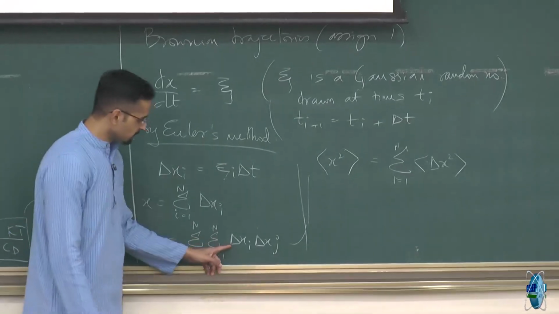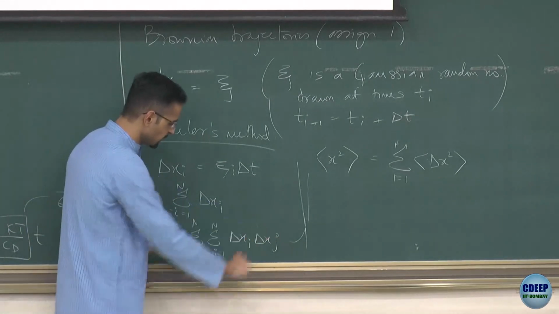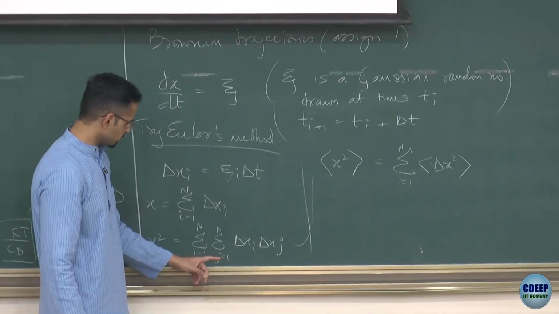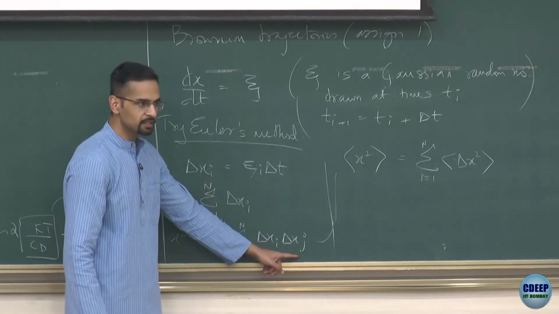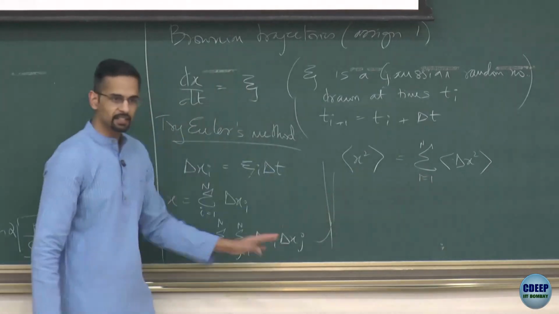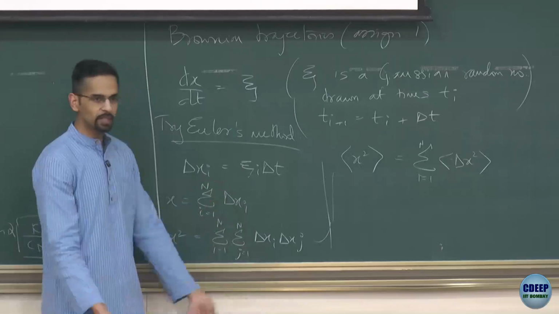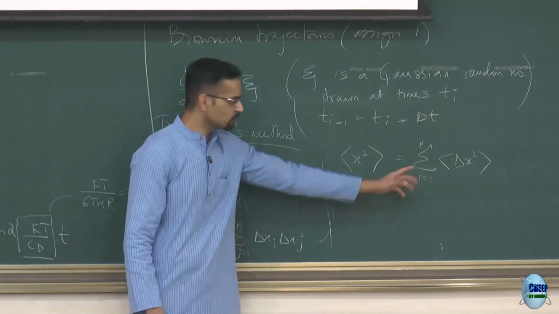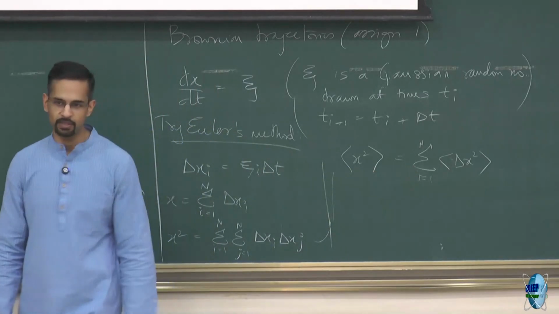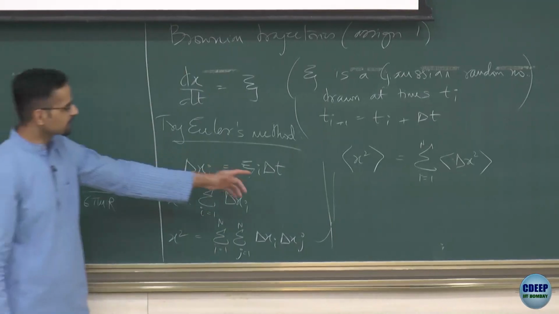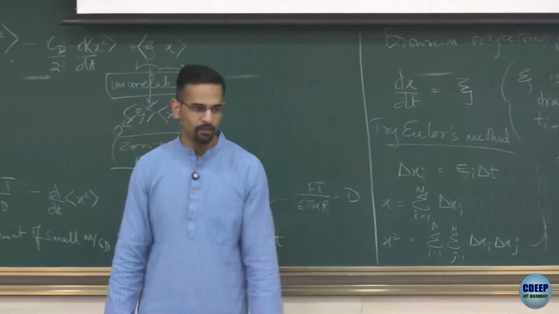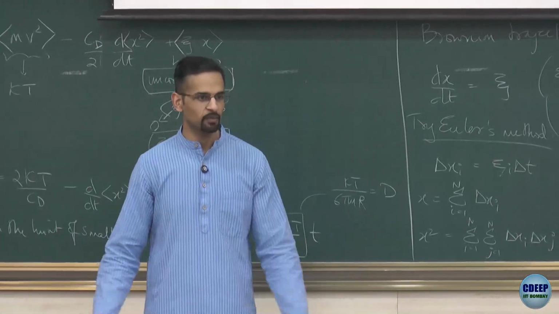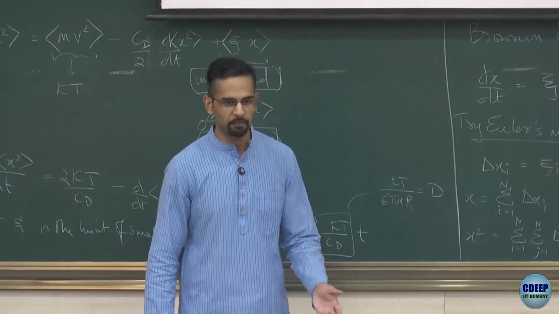When I take the product, I get delta x_i squared when i and j are equal, and when they are unequal, they become 0. So it's only when they are equal that it survives. But this is the standard thing: if you have uncorrelated random numbers, the variance of the sum is the sum of the variances. This is a basic probability fact.